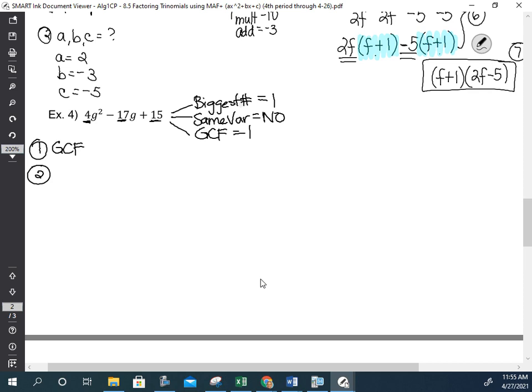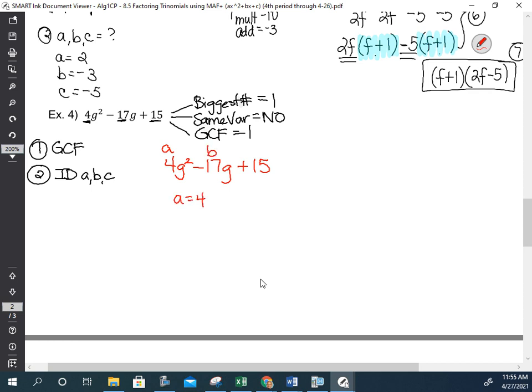Step 2 is to identify A, B, and C. So, change color. We have 4g squared minus 17g plus 15. The A is in front of the g squared, so A is equal to 4.